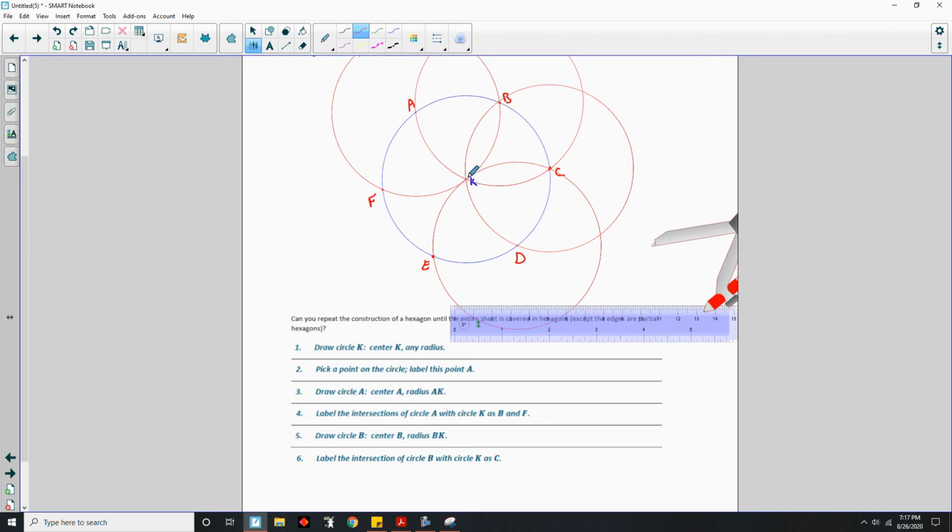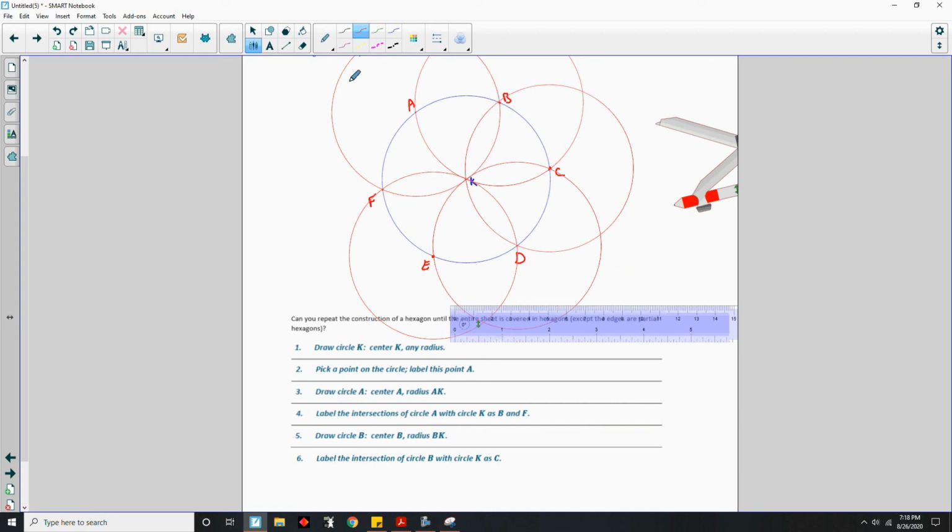Okay, so I don't need to draw another circle here, but if I did, if I put my center at E, just to prove that to you, it will go through F and it will go through K. So there's F intersection, K intersection, and D. Okay, so these are all circles.